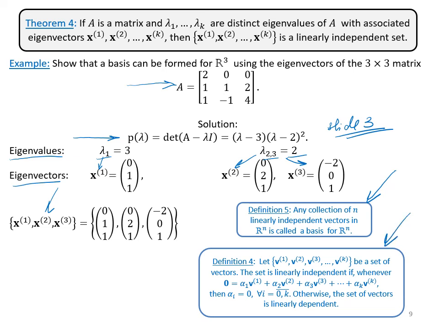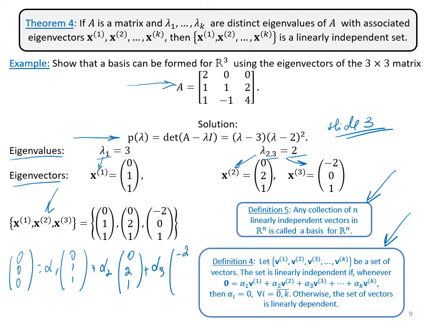So, this is a definition 4 from previous slide. We should form the system as we did in previous example. And this is alpha 1, alpha 2 and alpha 3, and we should show that there is a unique solution for this system where alpha 1, alpha 2 and alpha 3 equal 0.